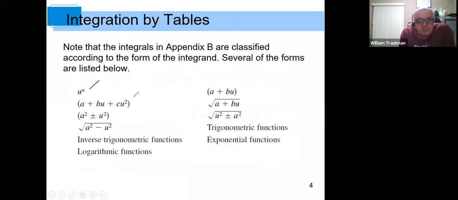Just take a look at the different integrals that we could have. You see inverse trig functions, log forms. These are all in our formula sheet. Once again, it's just listing things that are on our 100 integration table or formula sheet, whatever you want to call it.